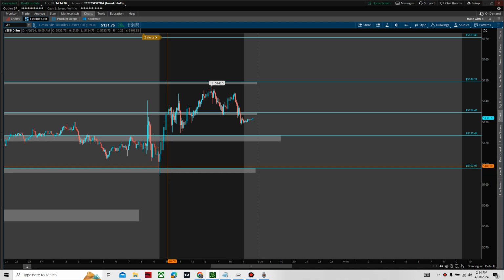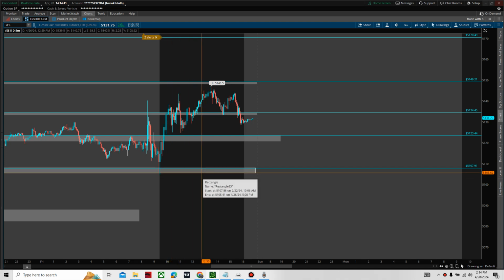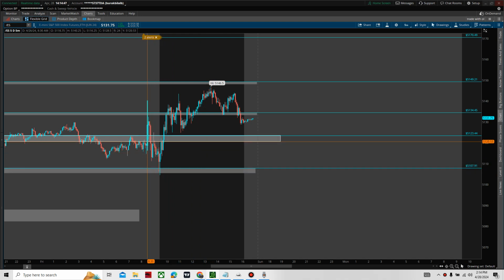But because I entered here, I put my stop loss here, and even though it had a little wick here, it didn't stop me out because I have a mental stop loss. I put my stop loss here, but I really don't put orders. I just click the button and exit. So this trade, I put my profit target here, took my profits, done.